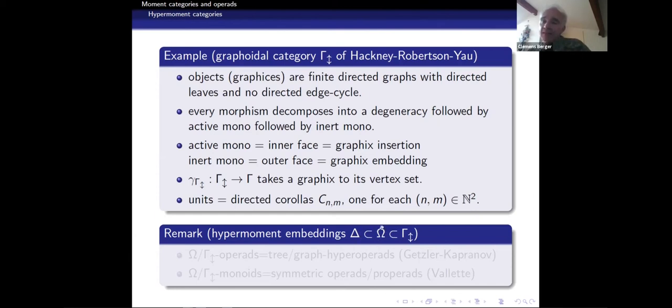And a dendrix, so a tree, can be considered as a graphic just by orienting all edges towards the root. So this gives you the embedding of omega into the graphoidal category.